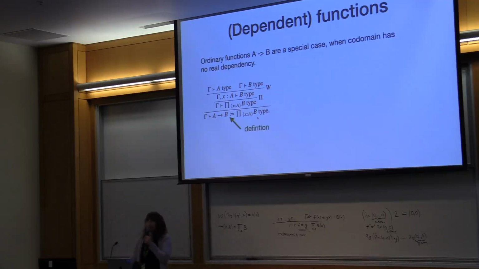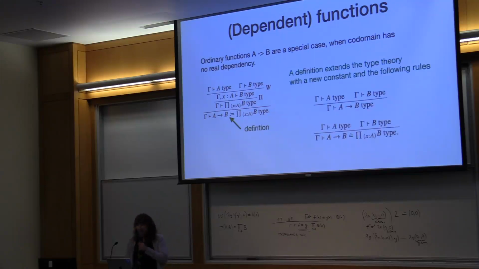If I have something that I've already derived and I want to name it, this is how I introduce the name. So what happens in the type theory morally? This is a nice notation, right? But morally what you're doing is you're adding two new rules to your type theory, okay? A definition extends the type theory that you work with a new constant. So the constant for me would be the arrow, right? And the following two rules.